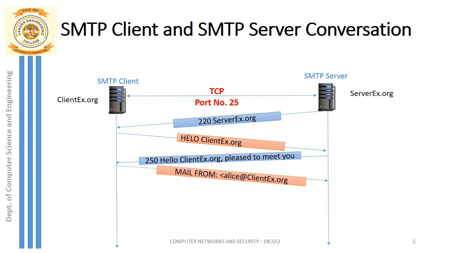Now the SMTP client will provide the sender's address. In our example, we consider Alice at clientx.org, and the server will provide the acknowledgement. 250 is the code sent from the server, followed by the particular message.